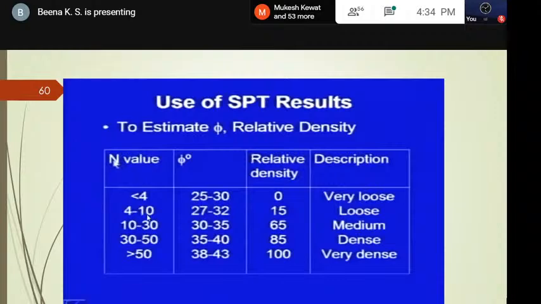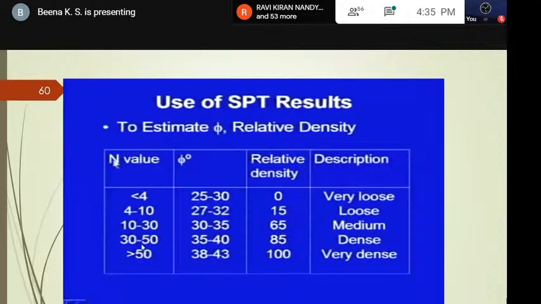When N is 4 to 10, the relative density is again considered low, and it is loose soil. Then 10 to 30 is a medium soil, with a relative density of about 65. In medium soil we can go for some design purposes, though that still depends on the load we have to carry.